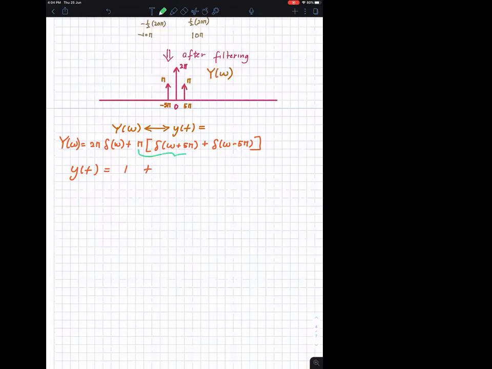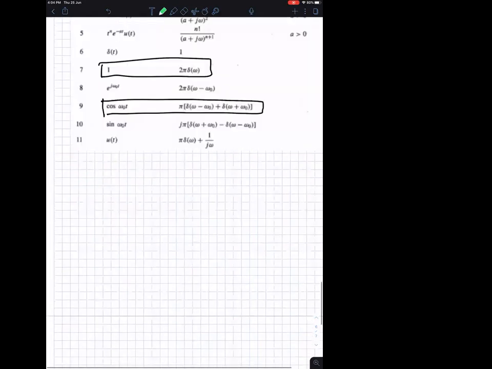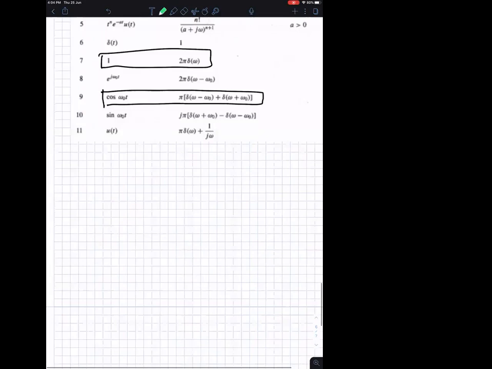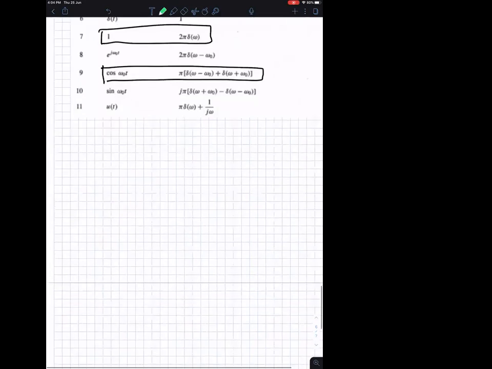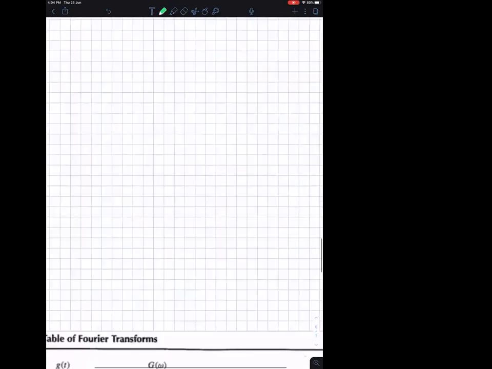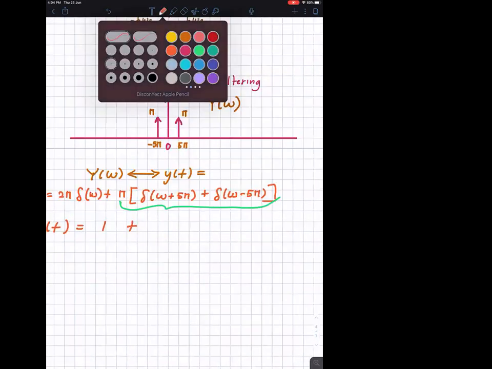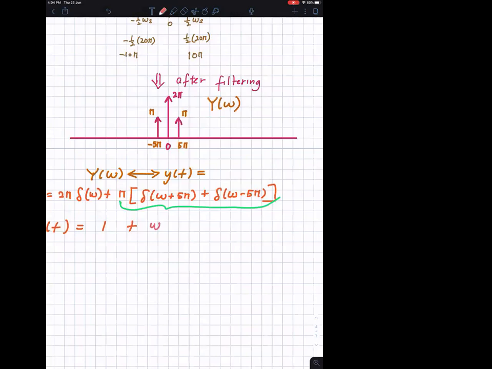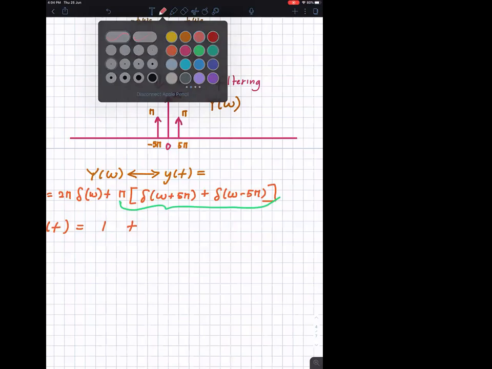Go back and look at the table and tell me. Cos omega naught t. So in this case, what is omega naught? Cos 5 pi. Okay, very good.